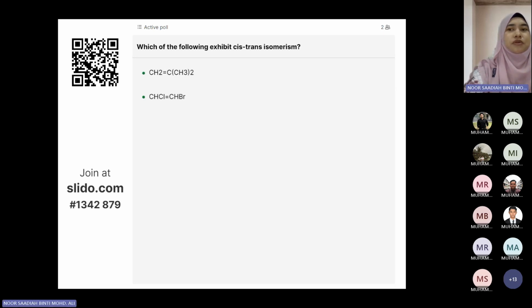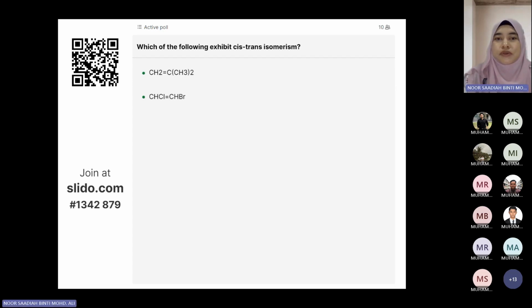Can you scan the QR code? Okay, I have received two responses. Make sure you change voting as anonymous to your name, so that I can identify who answered correctly and who answered incorrectly.